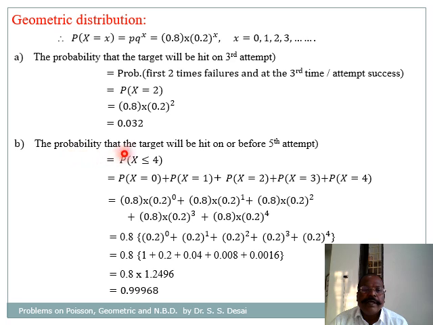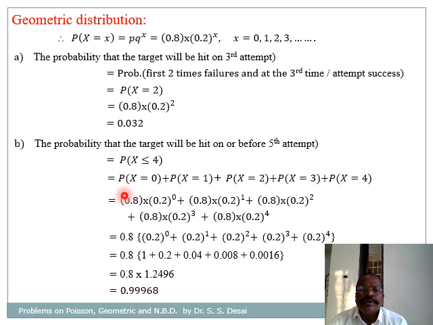For the second part, the probability that the target will be hit on or before the fifth attempt is equal to the probability that x is less than or equal to 4. That is the probability that he will hit the target at the first attempt, plus the probability that he will hit the target at the second attempt, plus the third attempt, plus the fourth attempt, plus the fifth attempt.